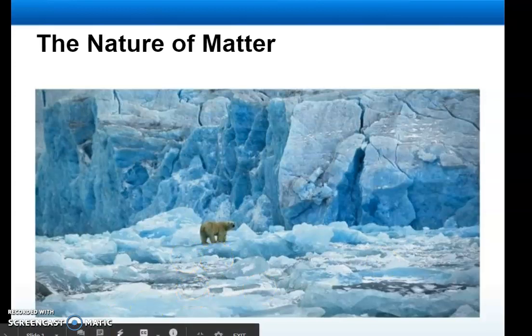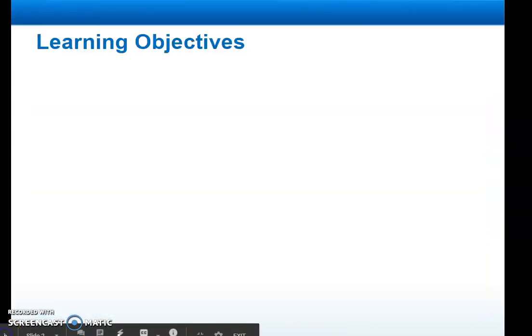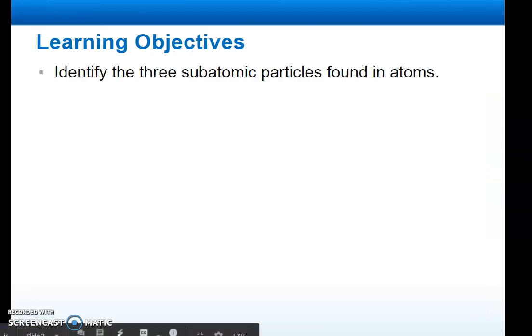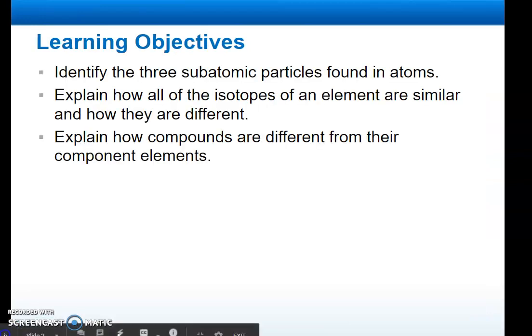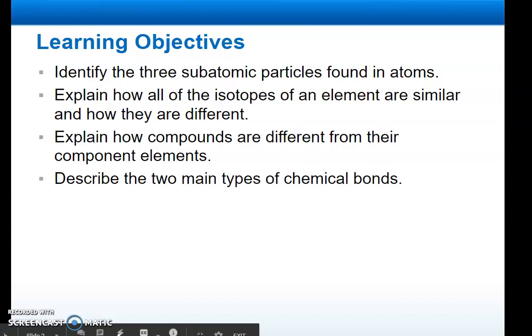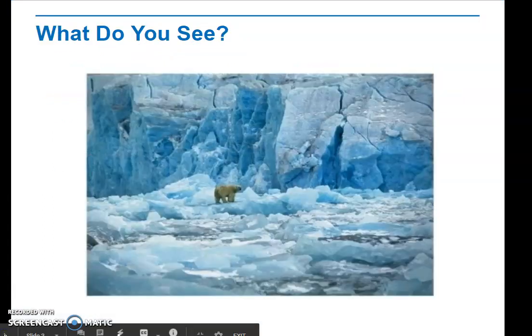Now, remember, when we look at the objectives, you must remember that all living organisms are made up of elements which are used to build the larger molecules of life. And by the end of the lesson, you should be able to identify the components of an atom and how atoms can be bound to each other.